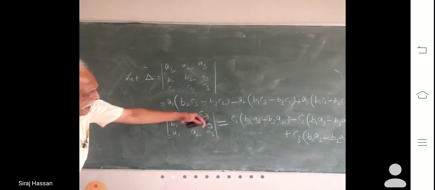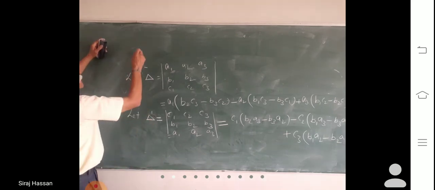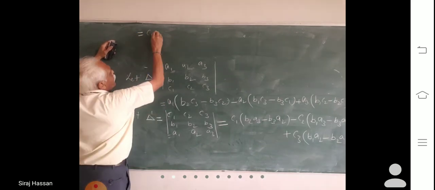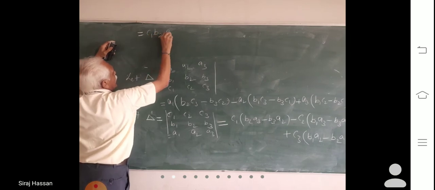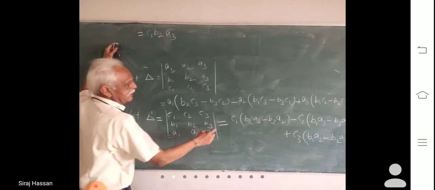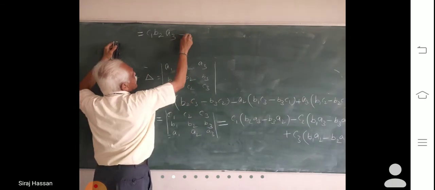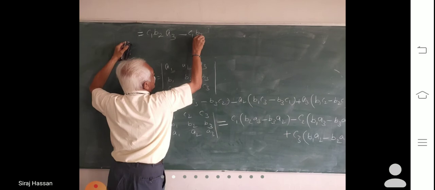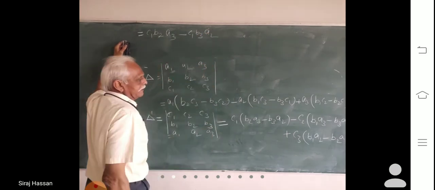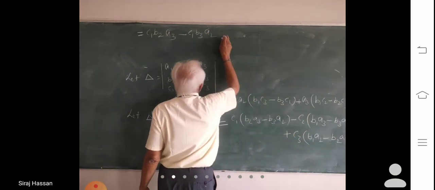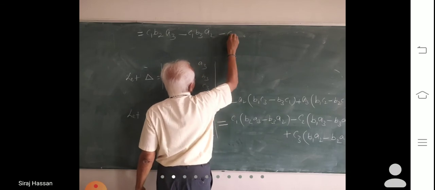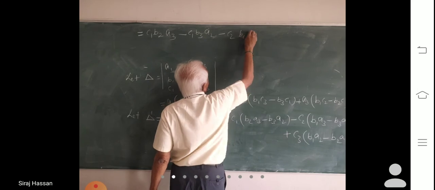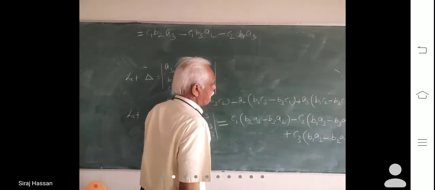Now expand all the brackets. This is C1 B2 A3 minus C1 B3 A2 minus C2 B1 A3.